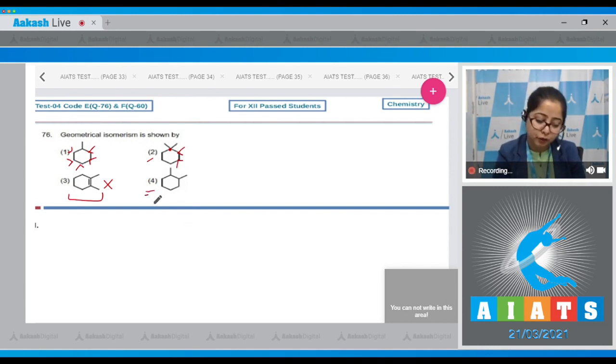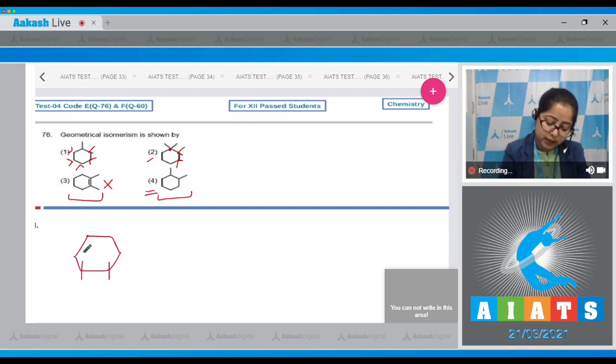Moving to option number 4. Here, the two alkyl groups are placed on different carbon atoms. Therefore, this compound will show geometrical isomerism. I am drawing the structure. If the methyl groups attached on two different carbon atoms are on the opposite side like this, the structure is known as trans.